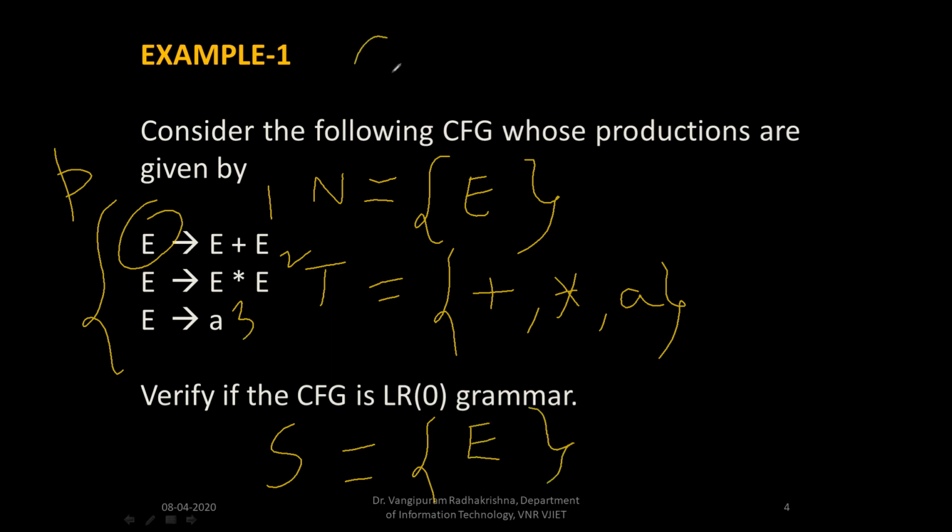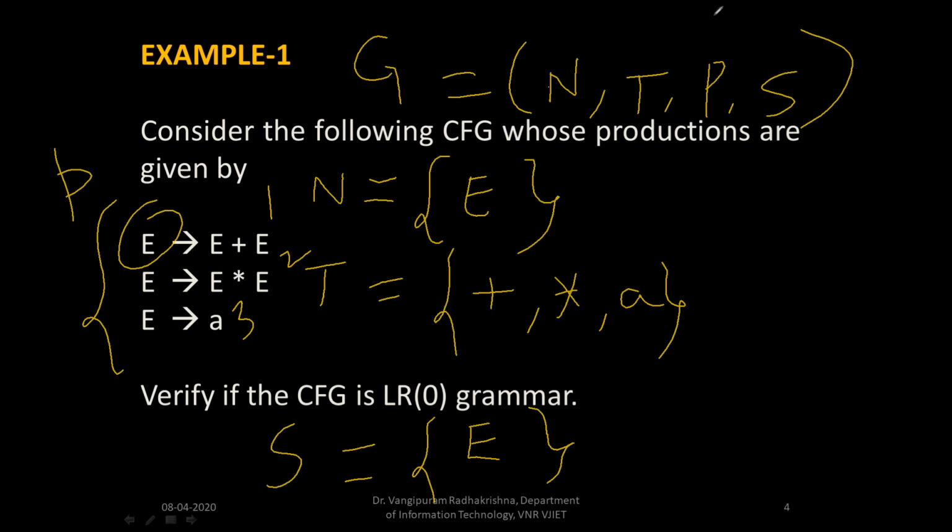So this grammar has four elements, N, T, P, S, where N is equal to E, T is equal to plus, star, a, the production list P is E derives E plus E, E derives E star E, E derives a, and the start symbol is capital E.